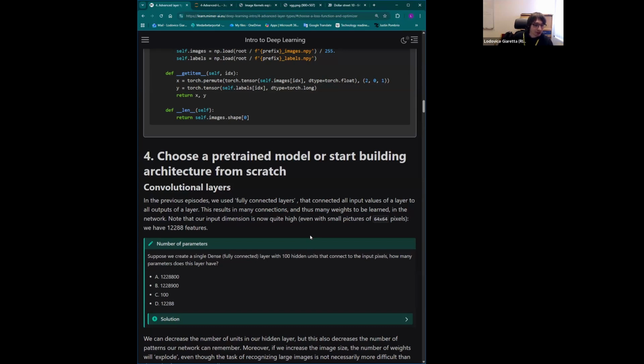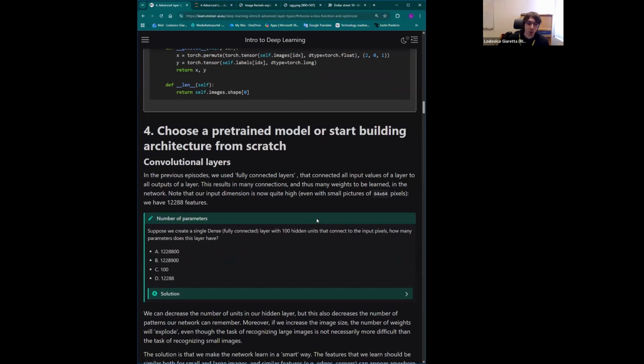And the question is, if we want to have a layer with 100 neurons, so we want to extract 100 patterns from our images using the approaches that we used yesterday and the day before, how many parameters would a layer with 100 neurons working on our images have? And again, this is available in the HackMD.